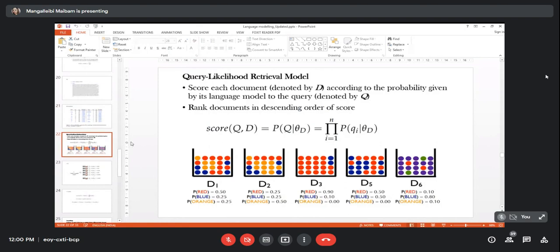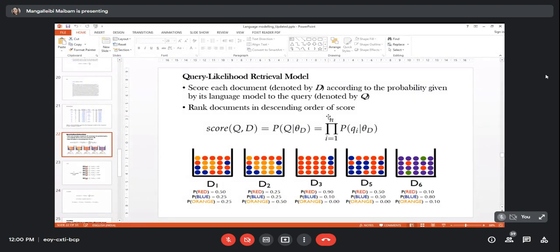Now, query likelihood retrieval model. Here in the query likelihood retrieval model, we will be finding the score. The concept is the same, right from the last few classes which I have been conducting regarding probability distribution, but how we calculate and take the value is a little different.